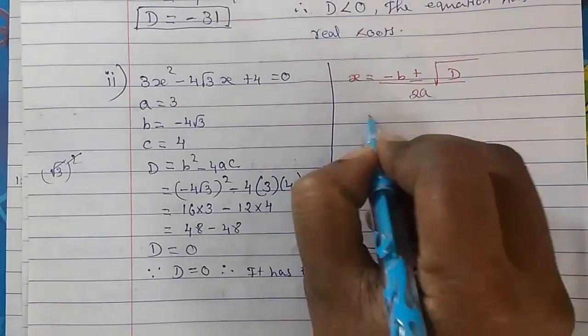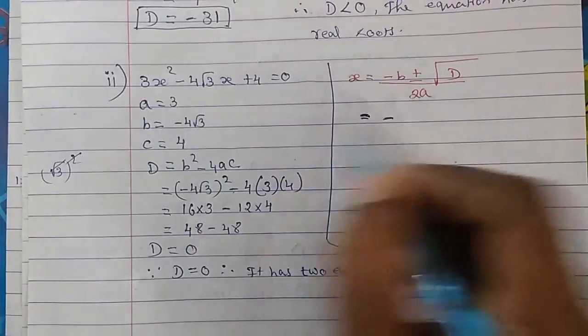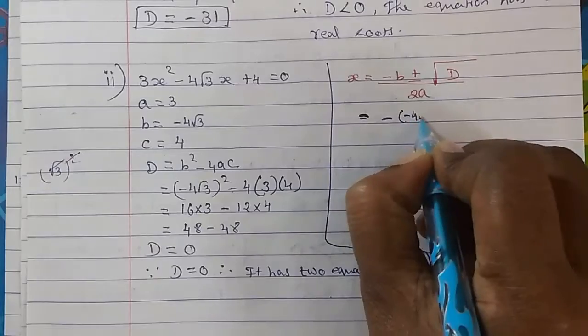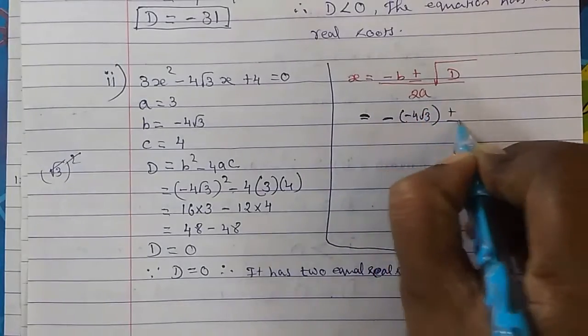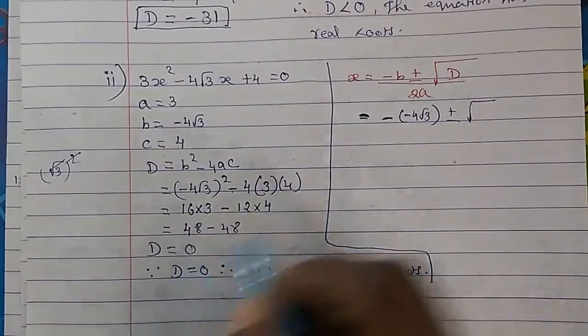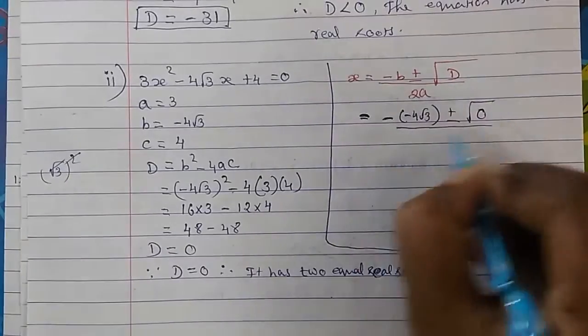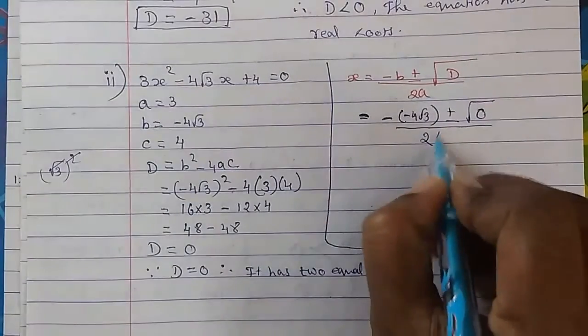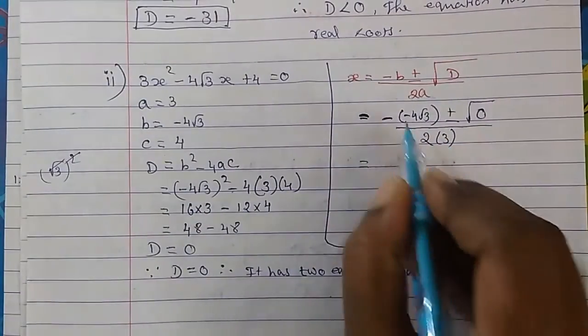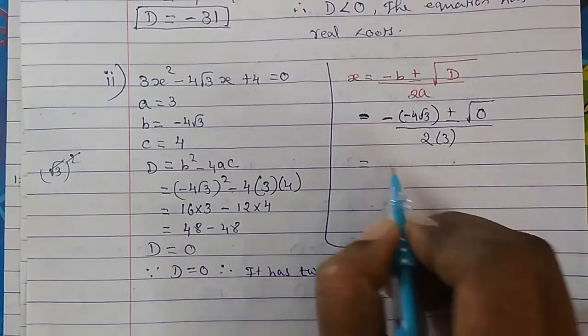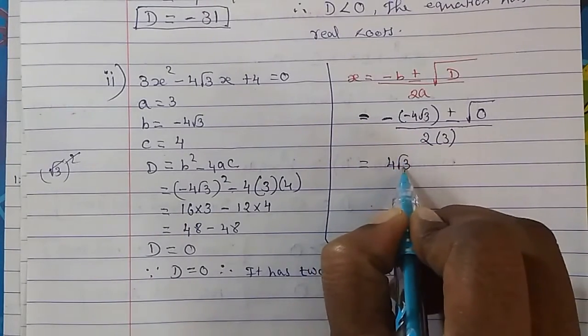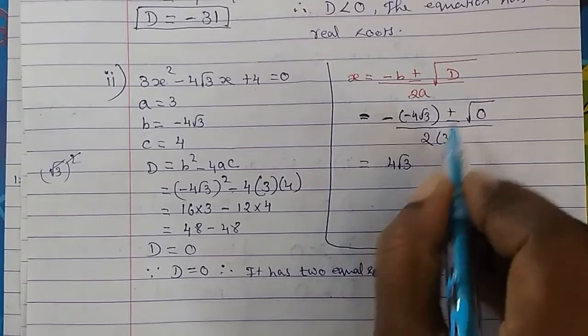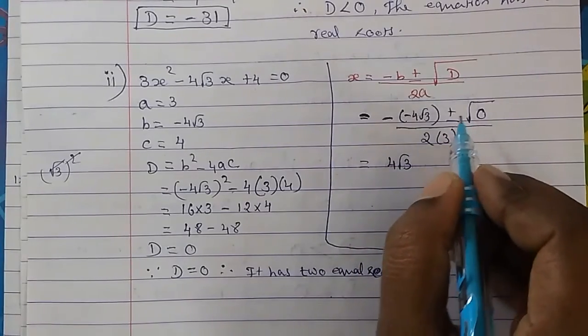So put the value now. Minus b is minus 4 root 3 plus or minus d is 0, 2a value is 3 times 2. So solve it. Minus into minus will become plus 4 root 3, plus or minus, the whole thing becomes 0.